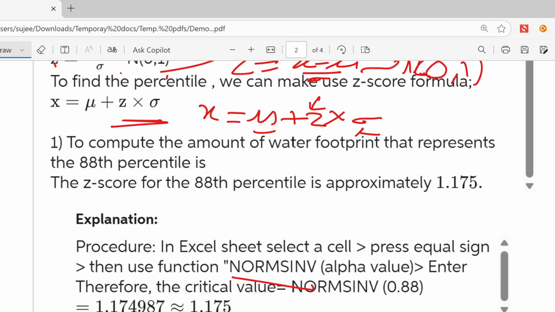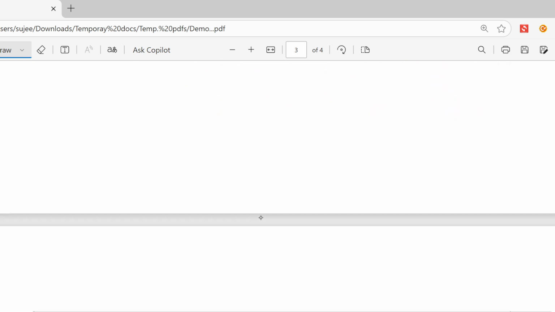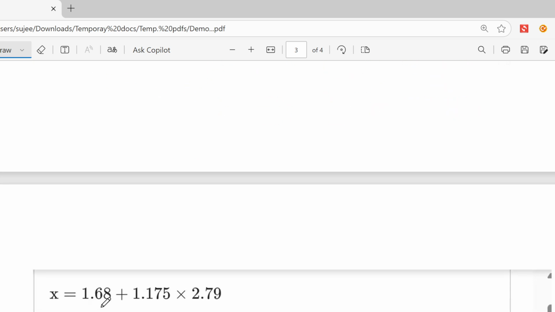In this case, we have got the answer 1.174987, and we have taken the approximate value 1.175. So now we have all three constants: mu we already know, z we have calculated, and sigma is already given. Now we plug these values in to find the final answer.